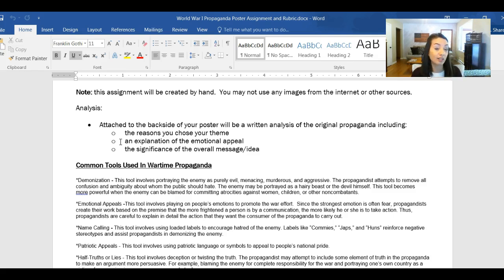Did you go with a scare tactic? Did you go with kind of a fear tactic with the Germans taking over? What type of emotional appeal did you use? And then the last piece, the significance of the overall message or idea. So put all of these together and write a concluding statement.